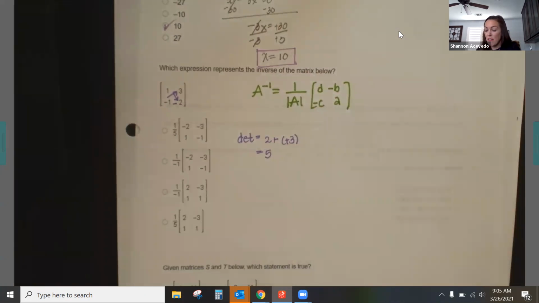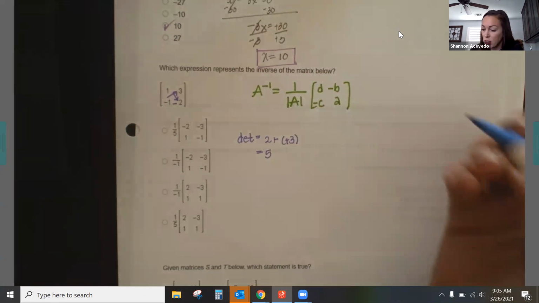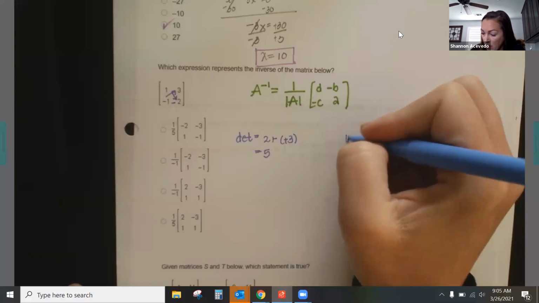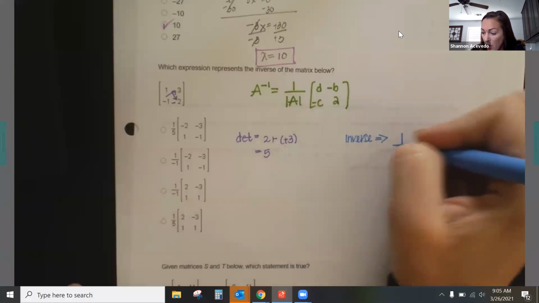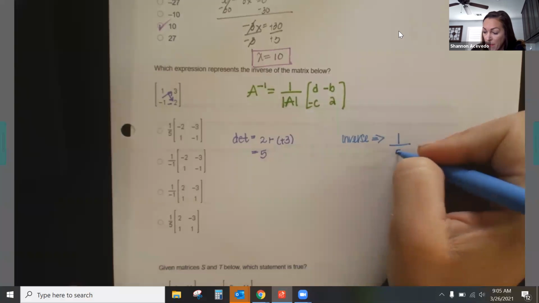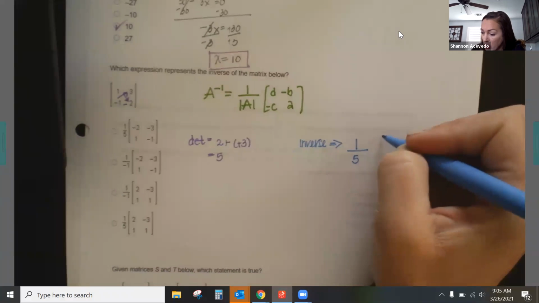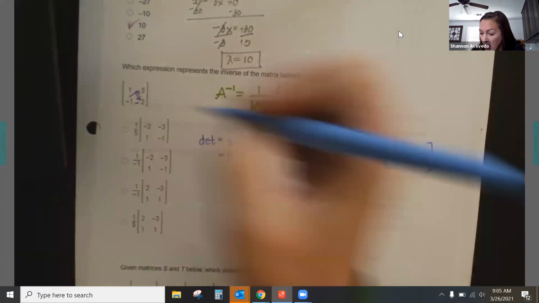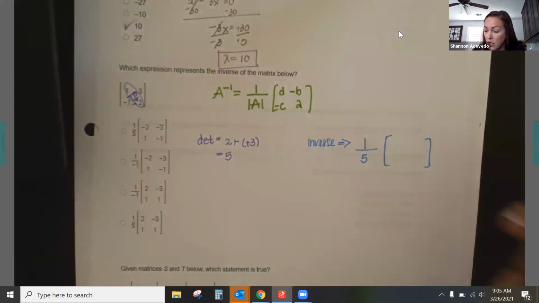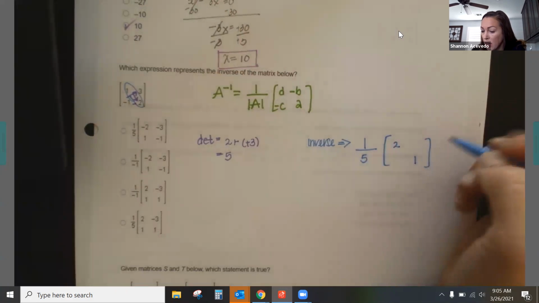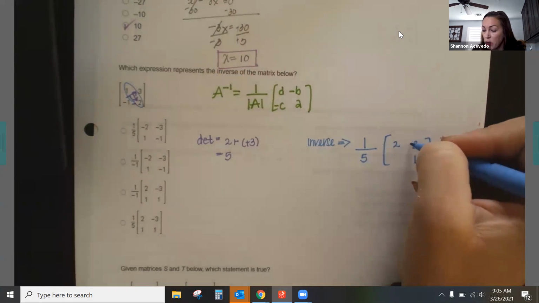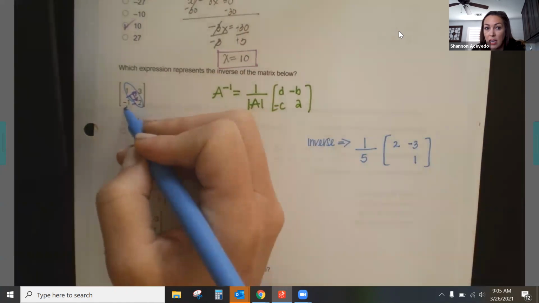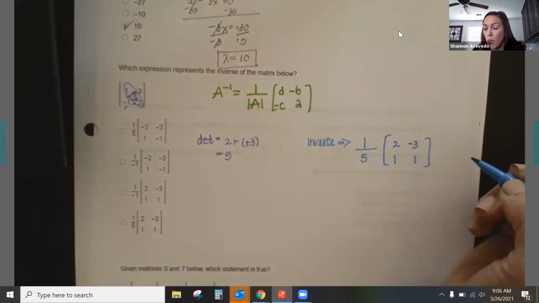Then to find the inverse, the inverse is going to be 1 over that determinant, which is 5. I switch the locations of these two, so this becomes a 2 and a 1. My other two values stay in the same spot, but they take the opposite sign. So this positive 3 is a negative 3, and this negative 1 becomes a positive 1.